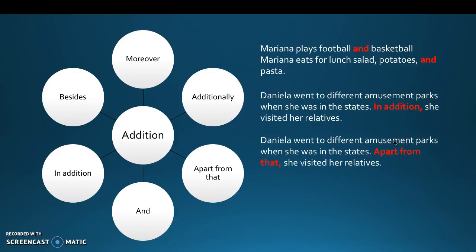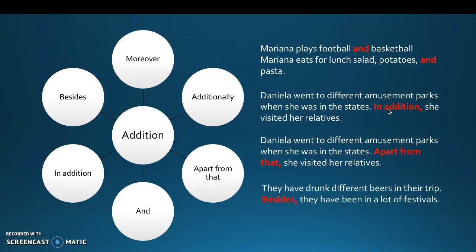But basically the function of apart from that and in addition is the same. Obviously, it's not that you can only use these two, but for example, you can use additionally instead of in addition, and so on. Here we can see an example with besides, that is basically the same.